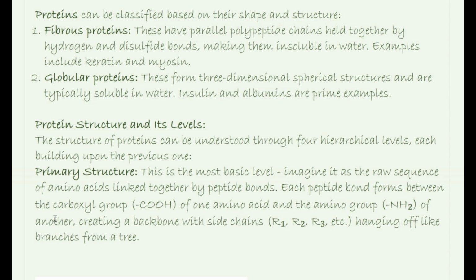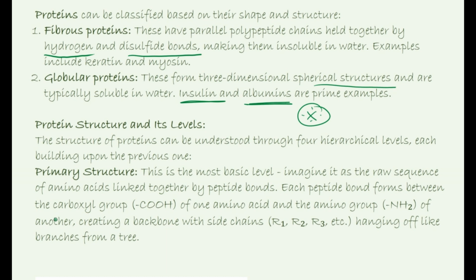Fibrous proteins have parallel polypeptide chains held together by hydrogen and disulfide bonds, which make them insoluble in water, like keratin, which is in our hair, and myosin. Globular proteins form 3D spherical structures and are typically soluble in water. Example, insulin, albumins. Important examples.